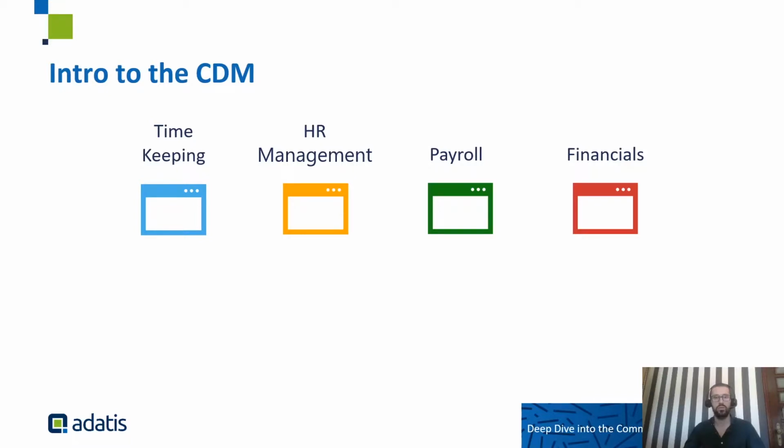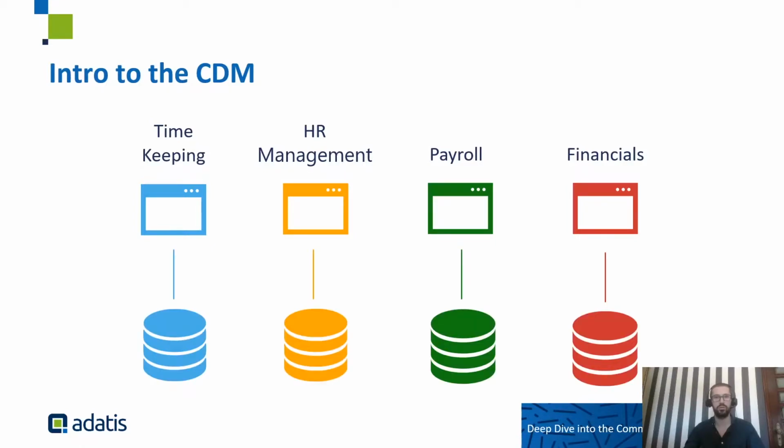Those are the most common applications that each company will have. Each of these applications will have their own databases. Let's assume that we are talking about the employee entity. An employee entity will be structured differently according to each different application.